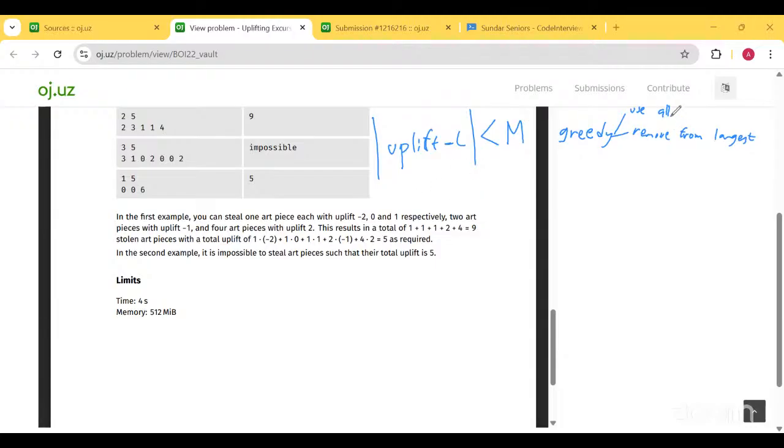We can check whether it is impossible or not here. If L is out of our bound, it means it is impossible. All right. After removing the largest, we will use knapsack.